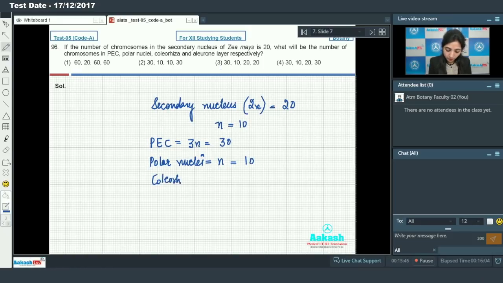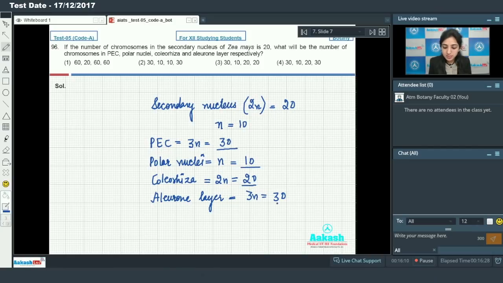Coleorhiza is diploid, so the number of chromosomes will be 20, and aleurone layer is triploid, so the number of chromosomes will be 30. So we have to identify an option which has 30, 10, 20 and 30. By analyzing all the options, we come to know that option number 4 is correct.